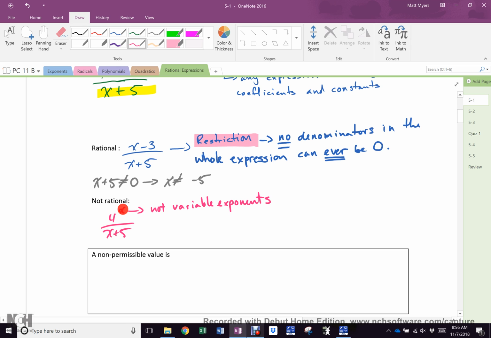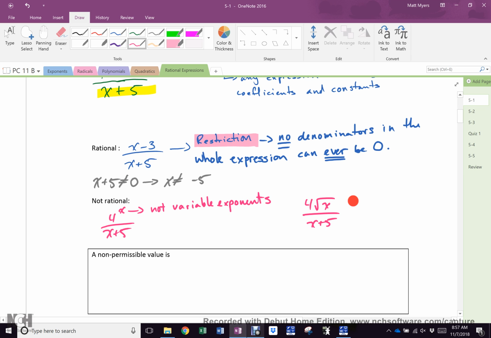Which means if there can be no variable exponents, is this allowed for root x over x plus 5? Would that be allowed? Yes or no? I'm not allowed variable exponents, correct? Okay. So that's 4 to the x.